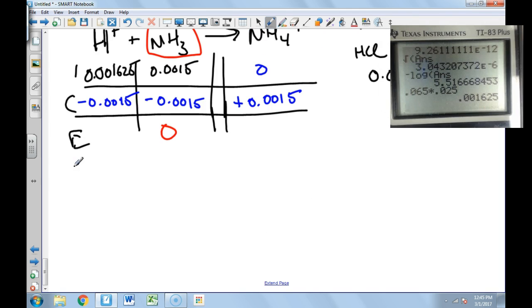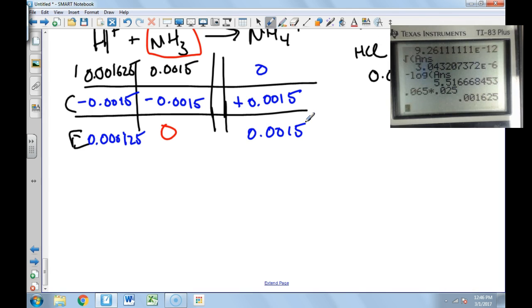And so now we have 0.000125. Okay, and this is 0.0015.